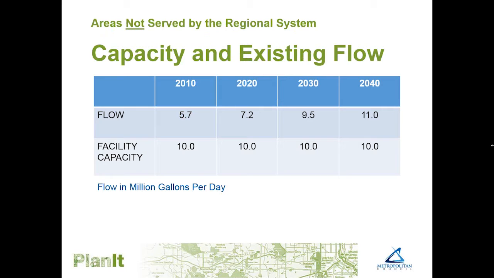For communities that own and operate their own wastewater collection and treatment systems, the wastewater plan needs to include the capacity of the treatment system and the existing and projected wastewater flows to the treatment system in 10-year increments to 2040.